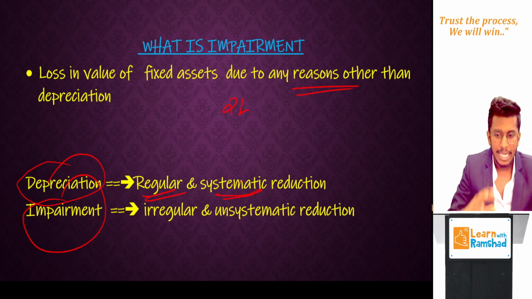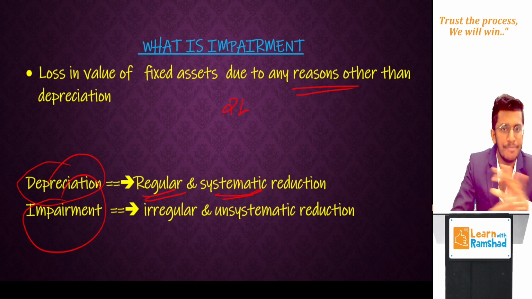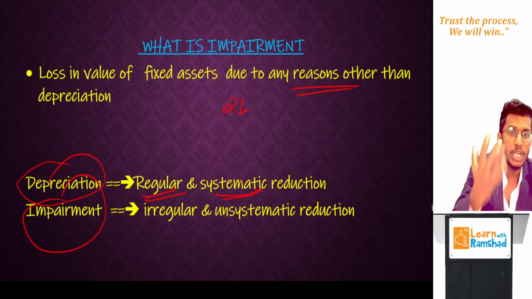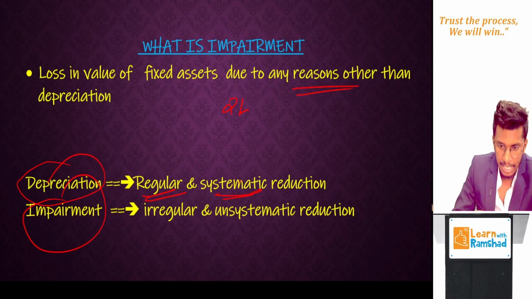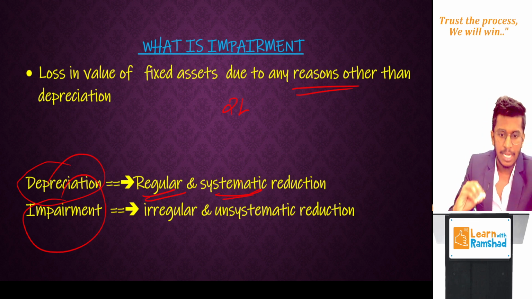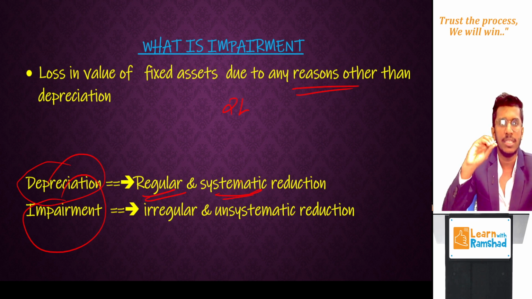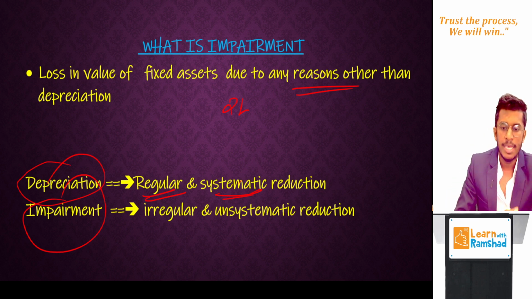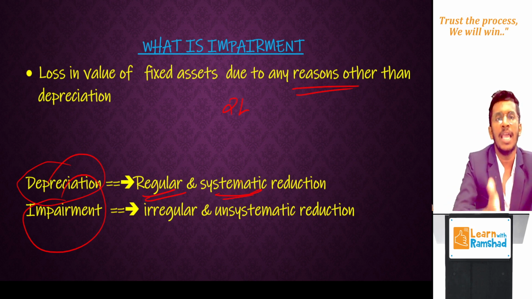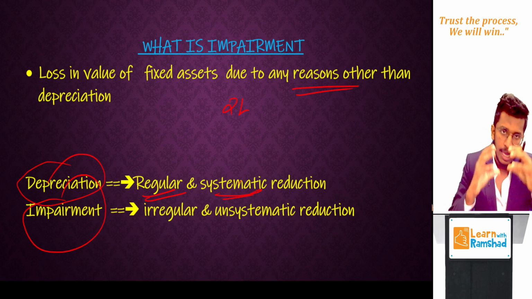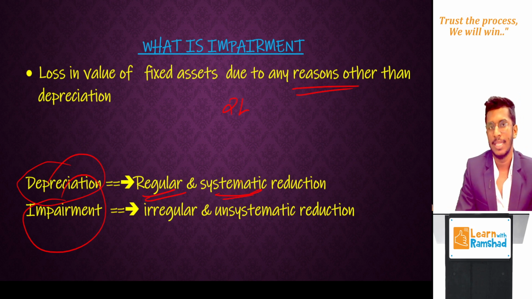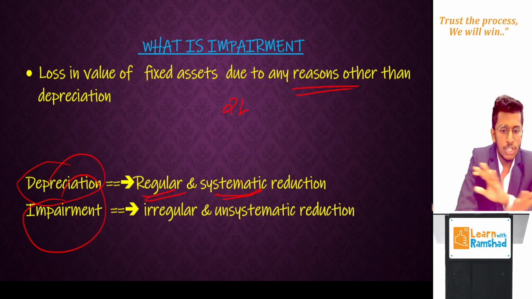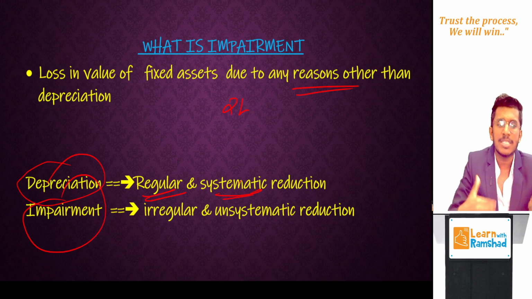Ready? But impairment is not charged every year. This is unusually charged. That means whenever your company feels that there are impairment indicators like we mentioned earlier, then we check for impairment testing, and if there is a value reduction, in that year only we take the impairment loss. That means this impairment is not regular. This is suddenly happening.